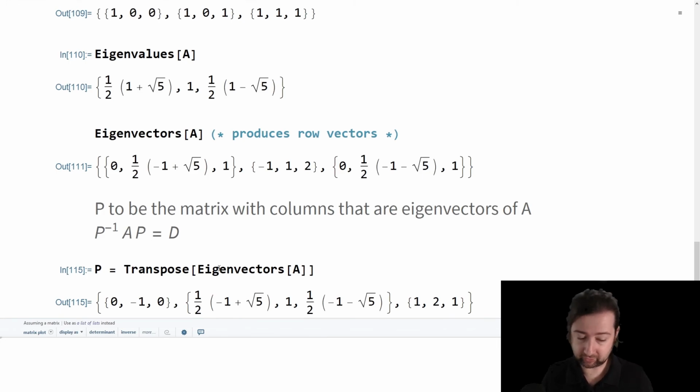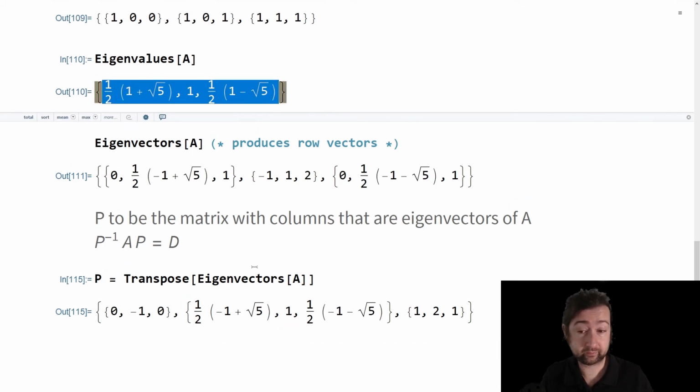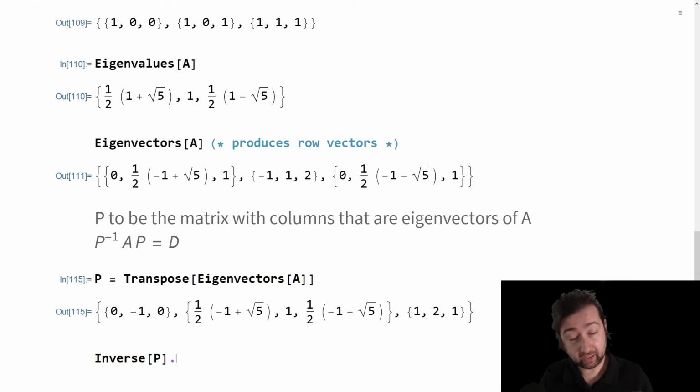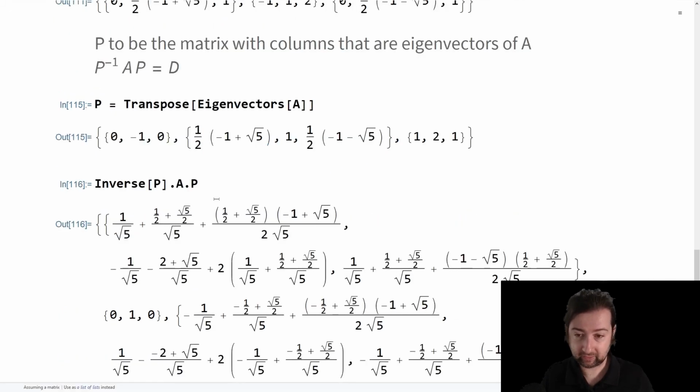Now let's check our computation. We are supposed to be able to take the inverse of P, multiply it by A, and multiply that by P, and get a diagonal matrix D out that has these eigenvalues on the diagonal. Well, that's easy enough to do. The inverse of P, matrix multiplied, so dot A, matrix multiplied by P. If I run that computation, it doesn't look like a diagonal matrix because nothing is simplified.